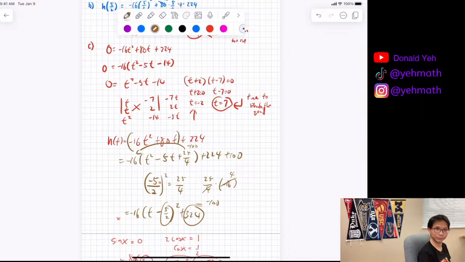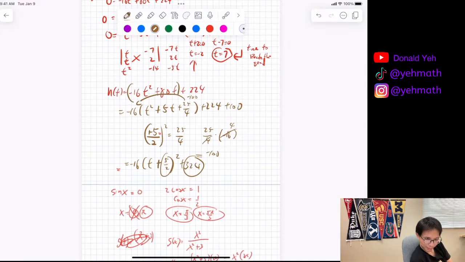Would it be positive, positive? Because you factor out, yeah, this one's positive 5 over 2. Okay, yeah, you're right. But the answer is still the same in the back. Wait, that doesn't make sense. Why is it positive 5 over 2?